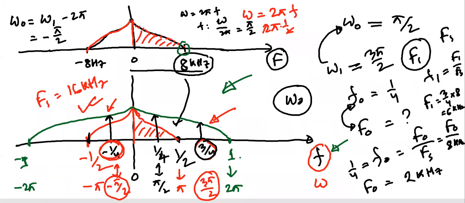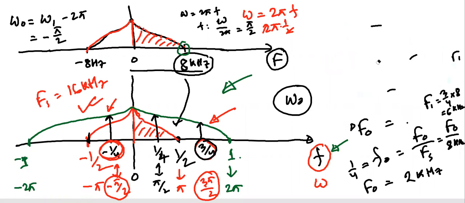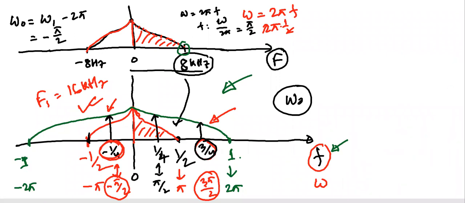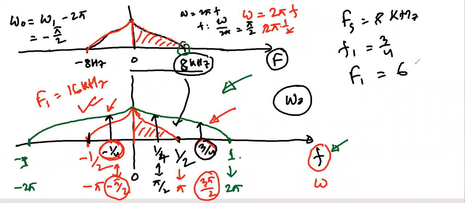So let me clear it up here. Okay, we have started with Fs is equals to 8 kilohertz, and we choose a point f1. We choose this point as 3/4, which shows us the capital F1, the original frequency, is 6 kilohertz.